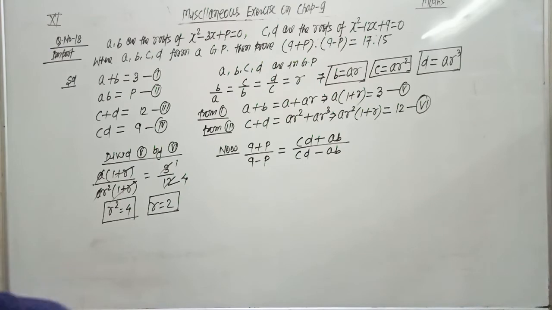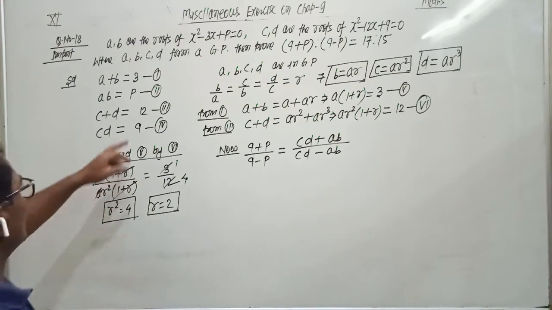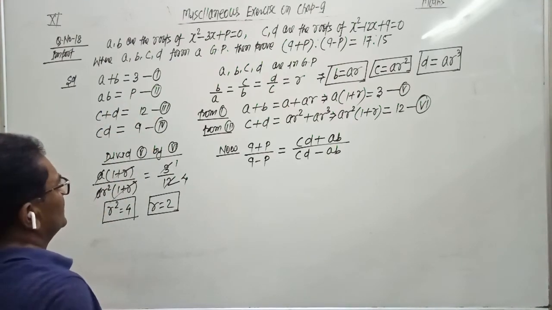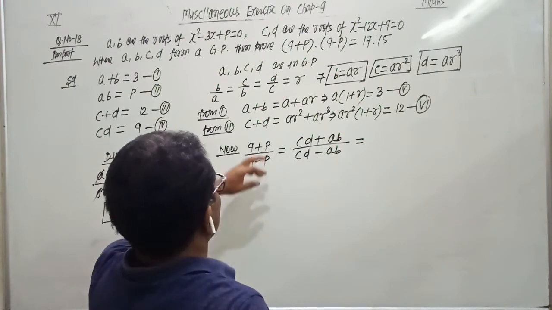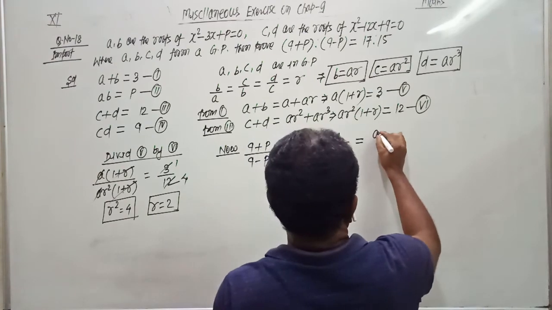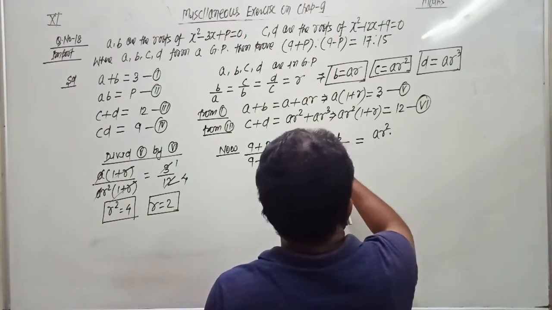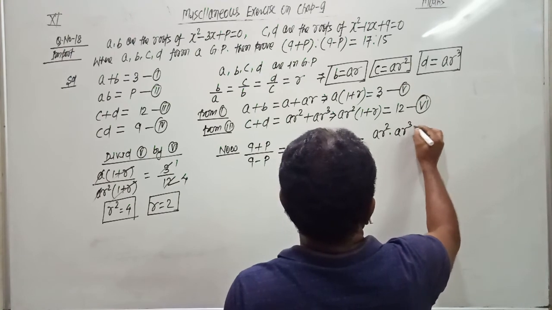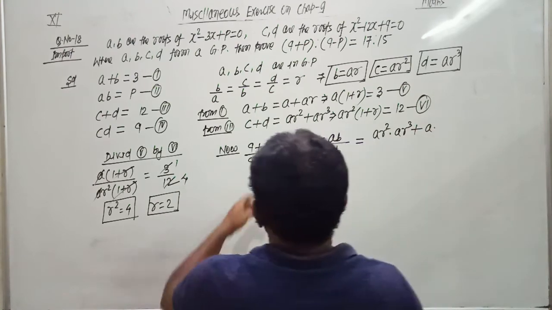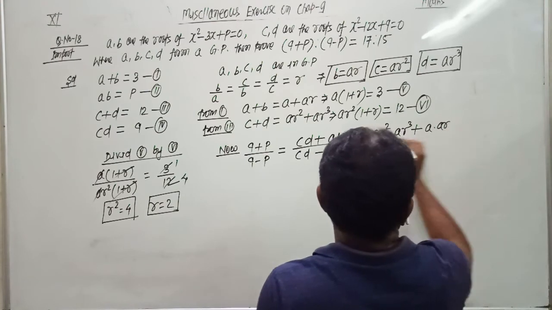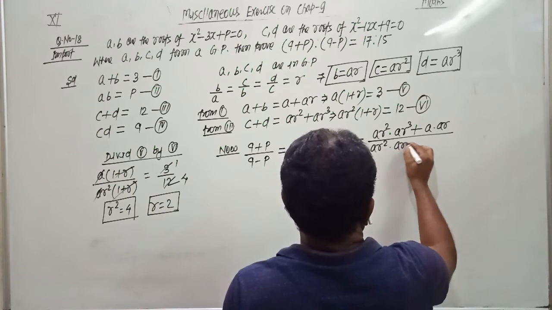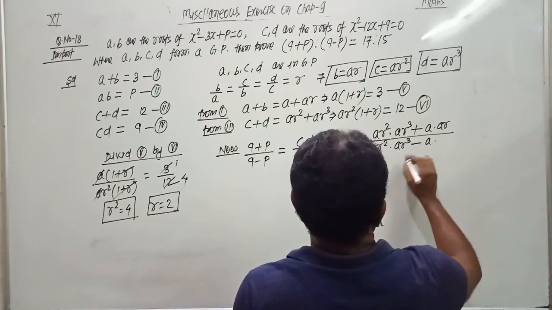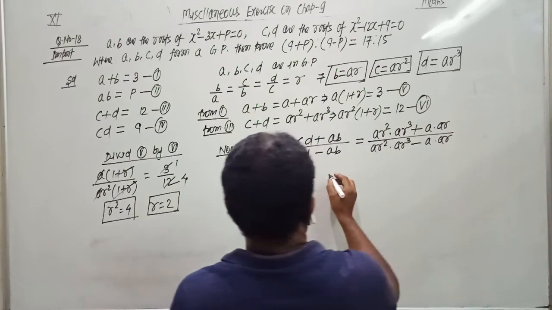We substituted the value of Q and P from equation number 2 and 4. Now put the value of C. So C equals to AR square into the value of D is AR cube plus A as it is, and the value of B is AR upon again AR square into AR cube minus A into AR.